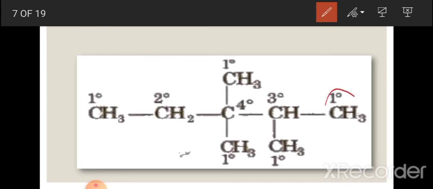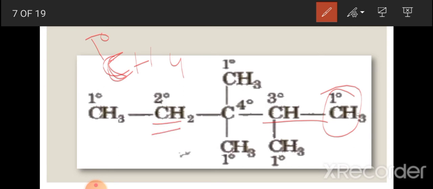When any carbon is attached to only one carbon, or is not attached to any carbon, as in CH4, it is a primary carbon.